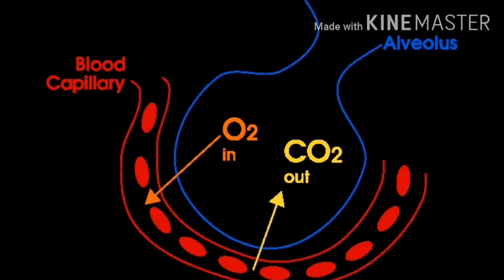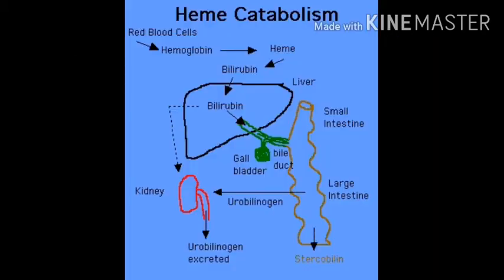Now this oxyhemoglobin reaches all the parts of the body through blood circulation, and after the breakdown of this oxyhemoglobin, oxygen is released and received by the cells where it is required for the purpose of energy production.